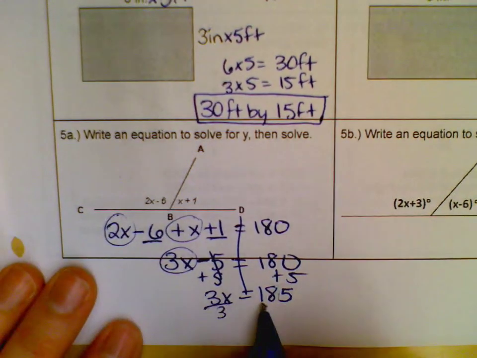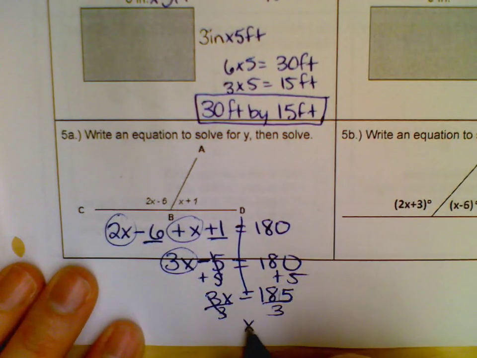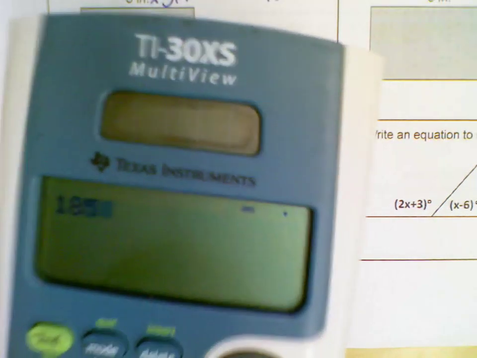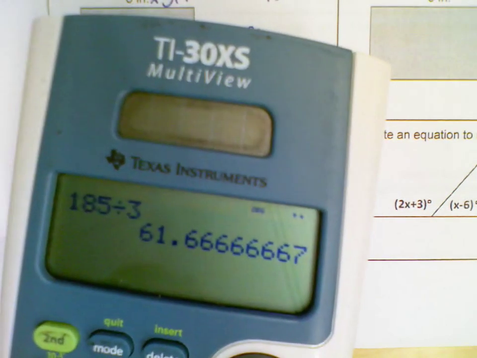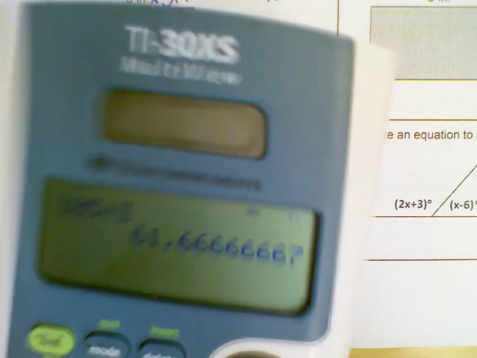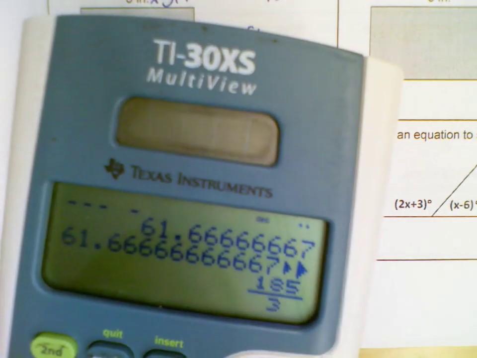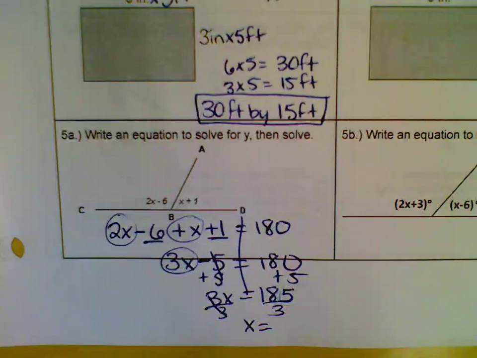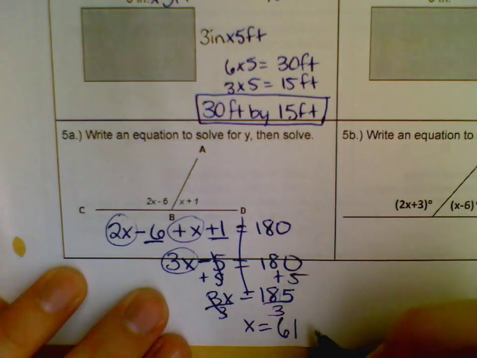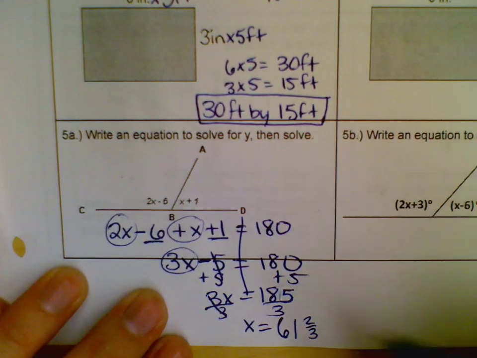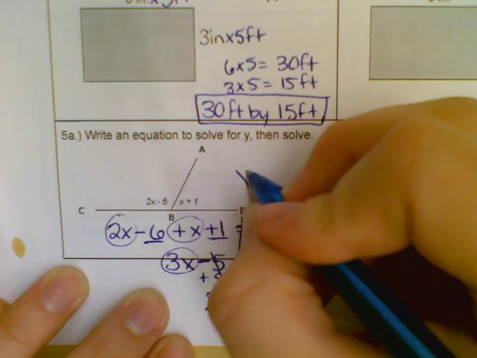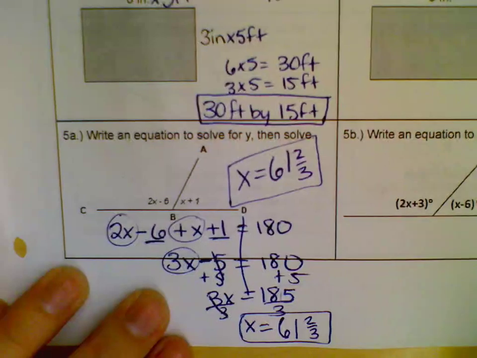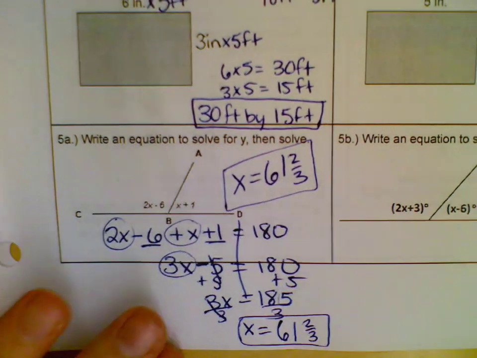Now, final step, divide by 3. x is equal to... I'm just going to turn that into a fraction, and turn that into a mixed number. That's 61 2/3. There's my answer. So x is equal to 61 2/3. Alright, now you should be able to do all the problems on the right-hand side.